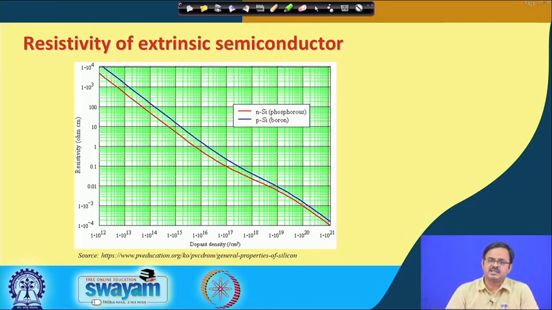Because the free charge carrier for an n-type semiconductor is the electron, whereas the free charge carrier for a p-type semiconductor is the hole, and the mobility of an electron, as we just saw before, is higher compared to a hole, and therefore the resistivity is lower. Clear?